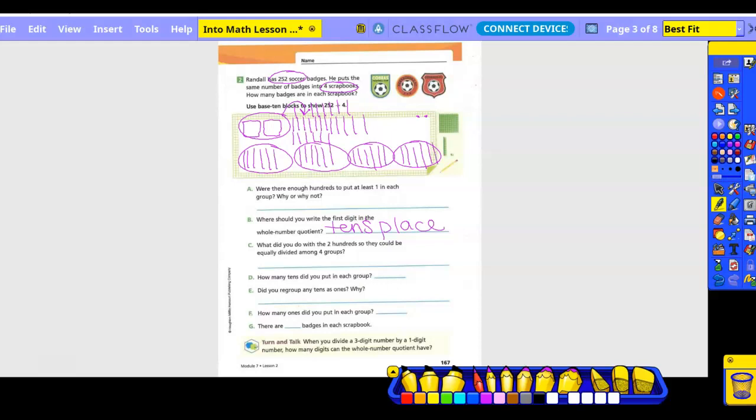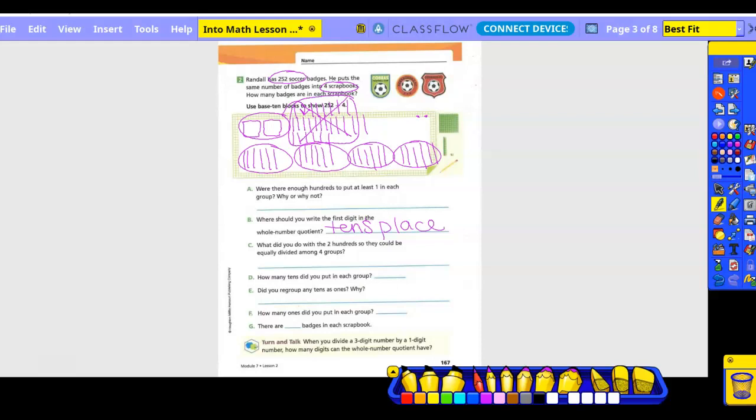Should I go again? No, because all I have is 1 left, and is that going to be able to go into everything? No, so I'm going to circle these, and I'm going to mark them off because I used 24 of them.